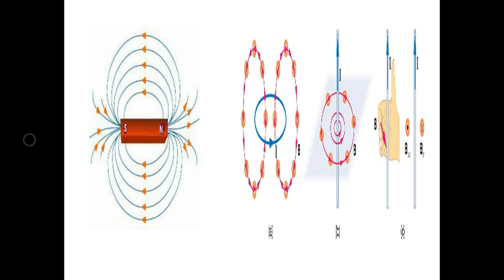They are not originating from a particular point or terminating at a particular point, but they are directed from north to south. It is not like the electric field lines. Electric field lines always start from positive charge and terminate at negative charge. Electric field lines never form closed loops, but magnetic field lines form closed loops.